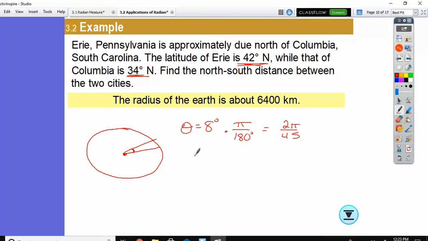Okay, I gave you the radius, 6,400. I want the north-south distance, so I'm looking for this distance on the outside of the circle. That's my S that I need to find. So it's again just an S equals r theta problem. 6,400 times 2 pi over 45.